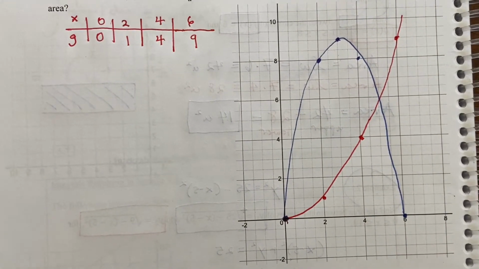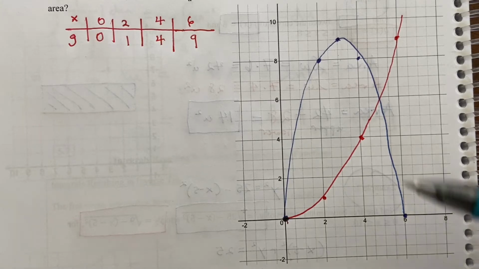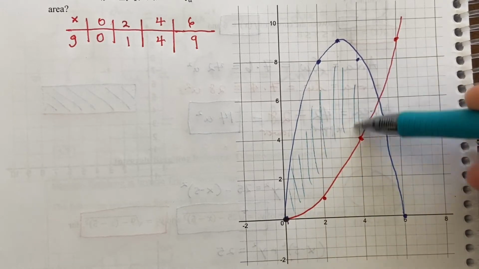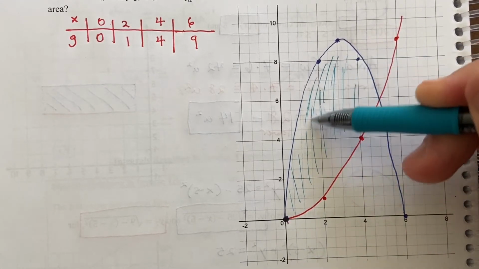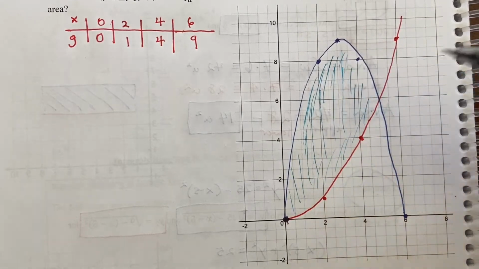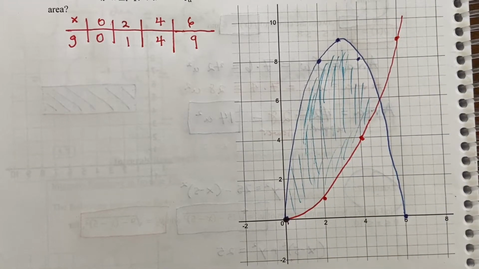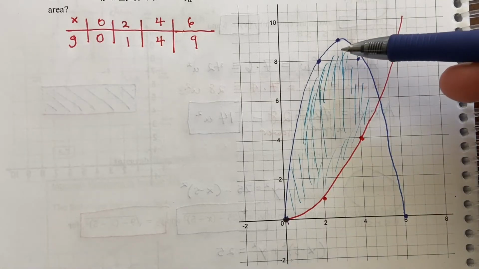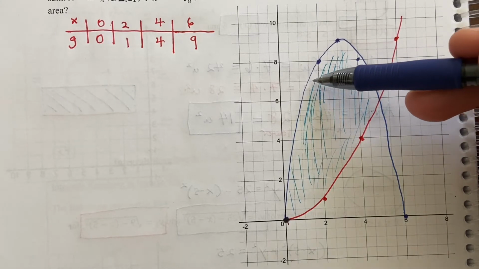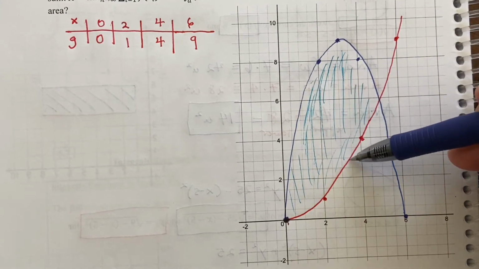So although it wasn't stated to find this specific region, this is the only region that is fully enclosed by these two curves. Also, what's notable about this region is that for all x in this interval, f is above g, right?